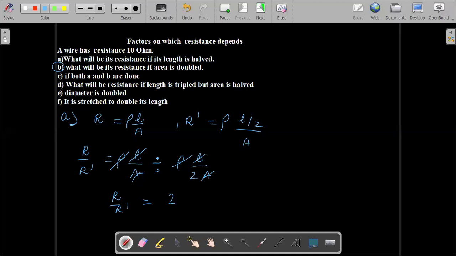Sir, can you solve part C? Yeah, I'm doing it. Just a minute. For C, let's start here.